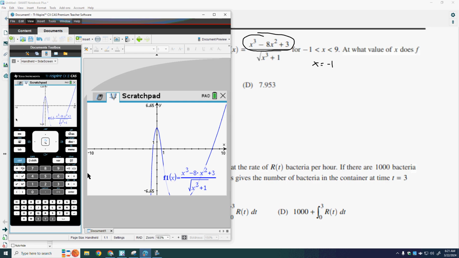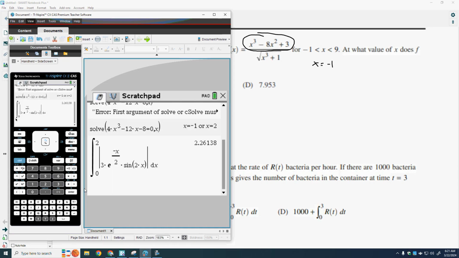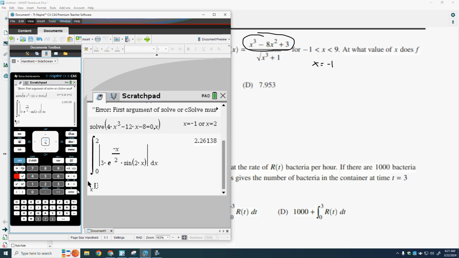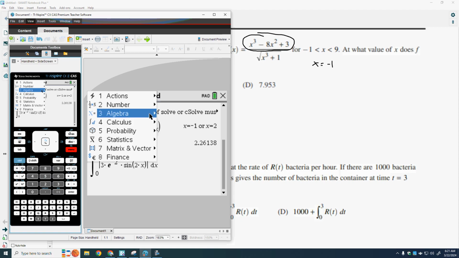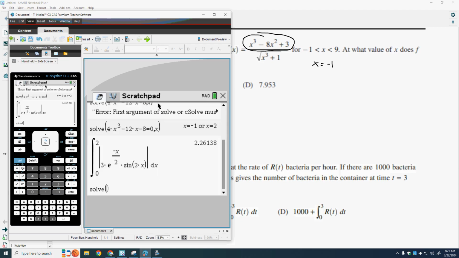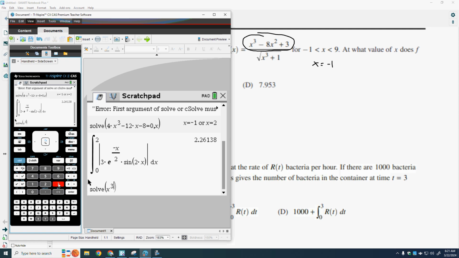We're going to go back to the home screen, calculation screen, and we're going to go x cubed. No, we're not either. We're going to go solve. Now we're going to go x cubed minus 8x squared, plus 3.